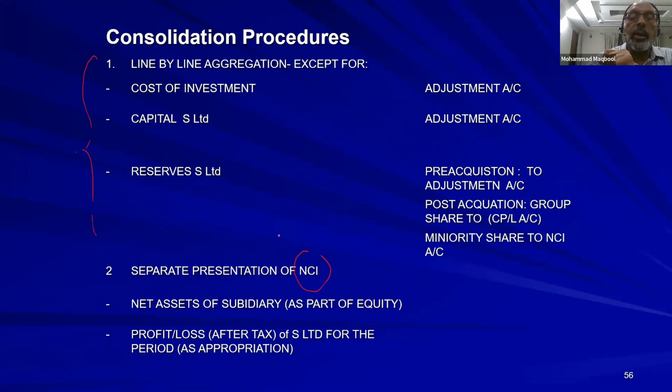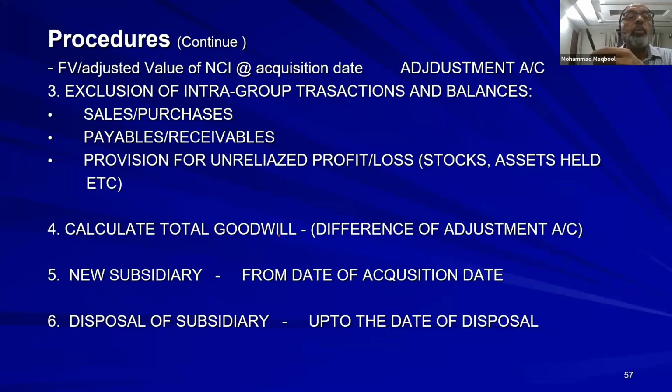We discussed that, and we said the non-controlling interest would come as the percentage of fair value, adjusted fair value, or could be the fair value. Then we have to exclude the intercompany balances and the unrealized profit as well. I spoke about that.